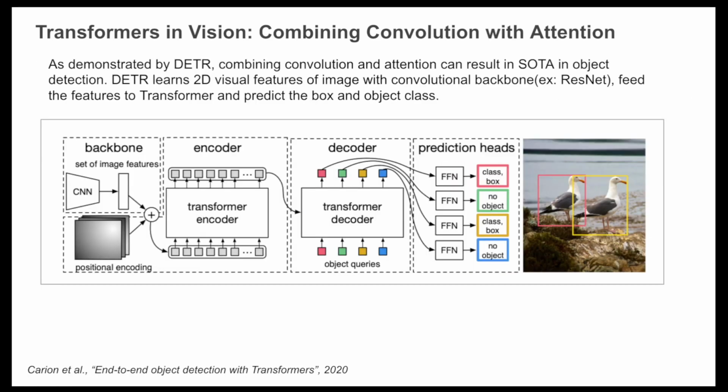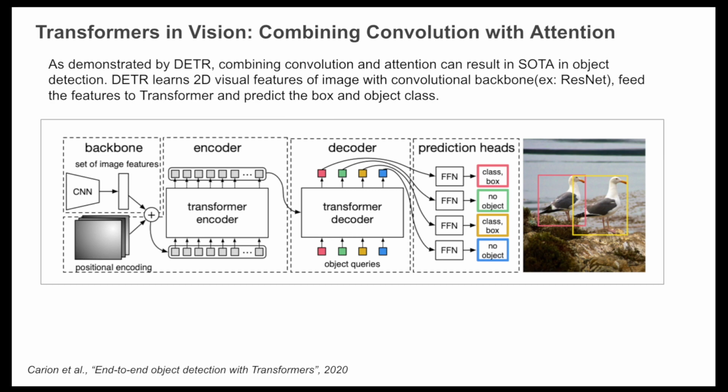Another popular way of using transformers in vision is combining convolution with attention. This was demonstrated in the paper DETR, which combined convolution and attention for object detection.